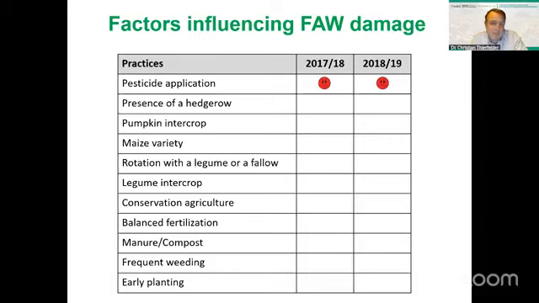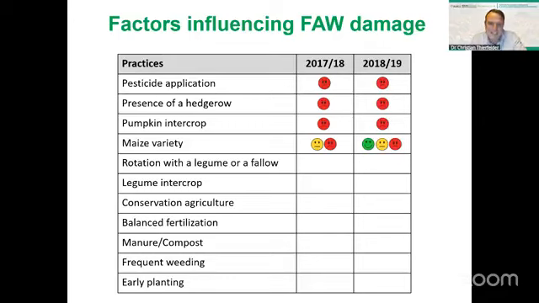Now we have better pesticides that can control, but at that time, no effect. Even the presence of hedgerows or pumpkin intercropping did not lead to any positive effect on fall armyworm. Instead, for example, pumpkin leaves could be a hiding place for the moths, or hedgerows from where they migrate into the maize stands. And some maize varieties showed a little bit of control, some absolutely not.